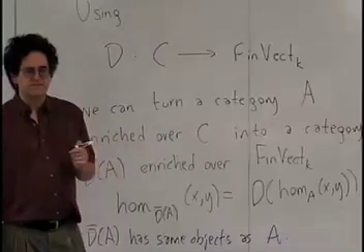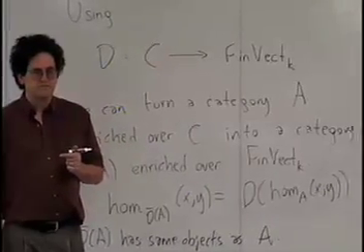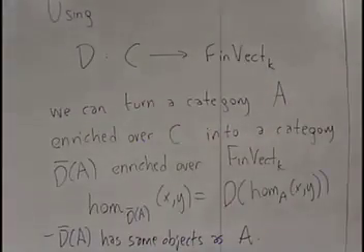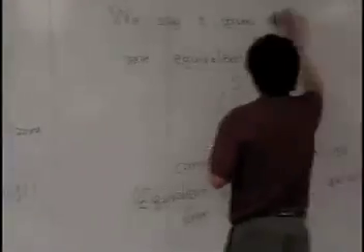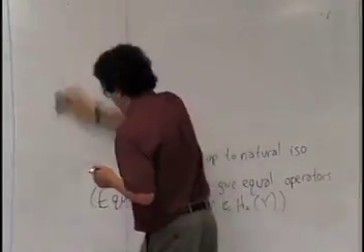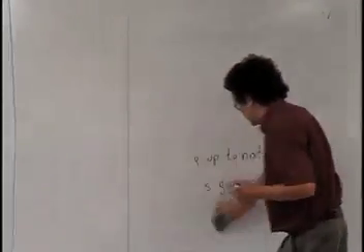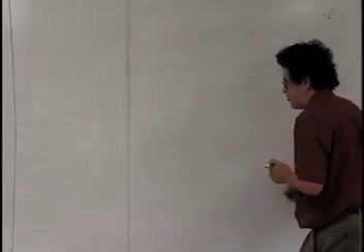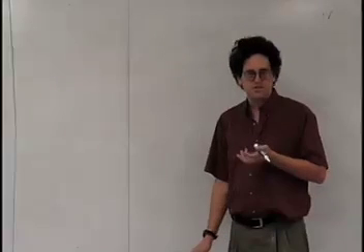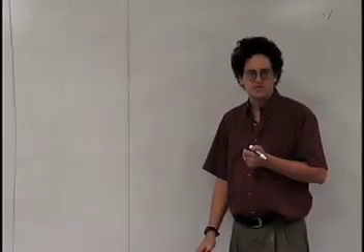So you're saying you need a product for the objects of C, the thing you're enriching over? Yeah, because let me illustrate this by saying a little bit more about what a category enriched over C for our particular example amounts to, and then maybe some of these things will seem clear.